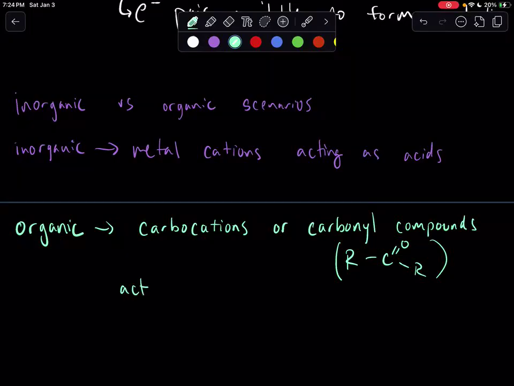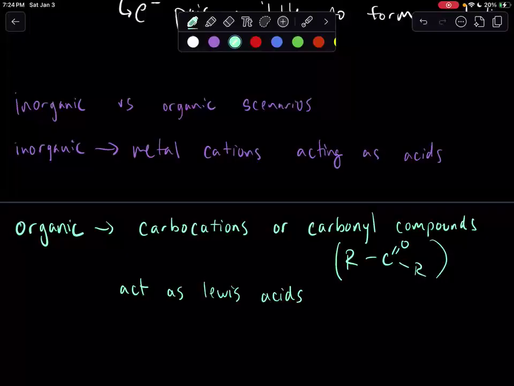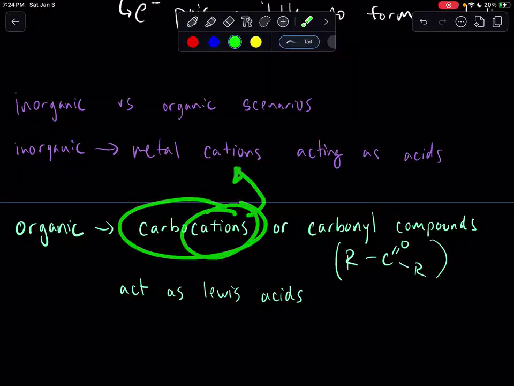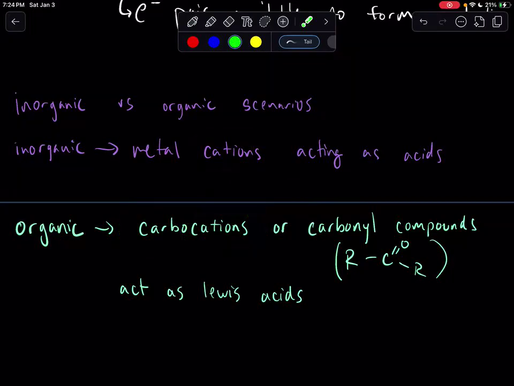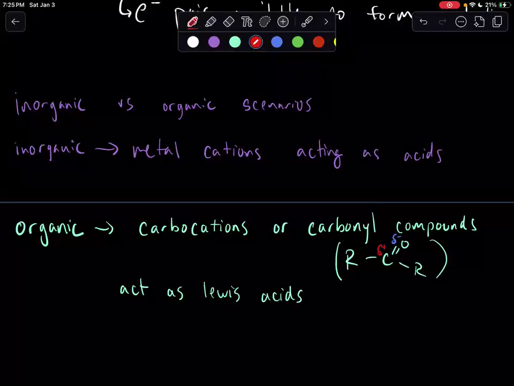And these act as Lewis acids as well. The reason carbocations act as Lewis acids is because they're cations. Much like metal cations, they will act as an acid attracting the electron pair. Carbonyl compounds are a little more interesting because what we actually notice is that the oxygen is so electronegative and the carbon is so much less electronegative that it forms a positive partial charge, which can therefore be the jumping off point to act as a Lewis acid.